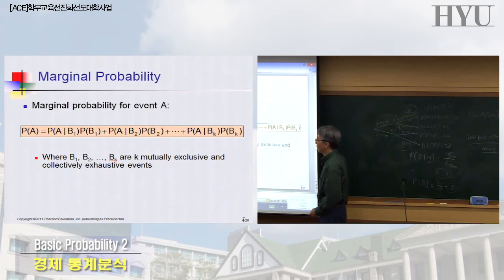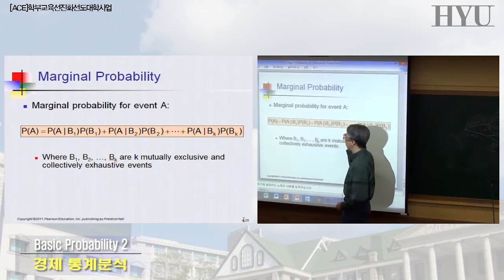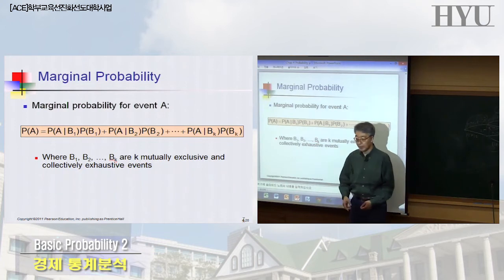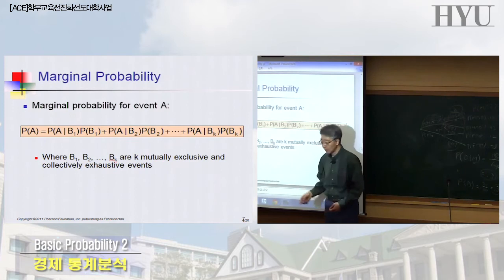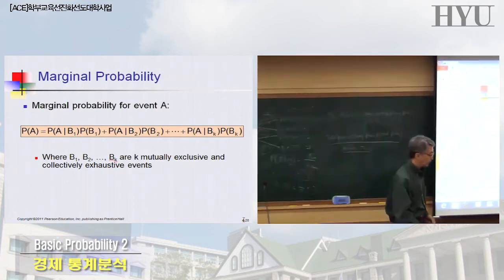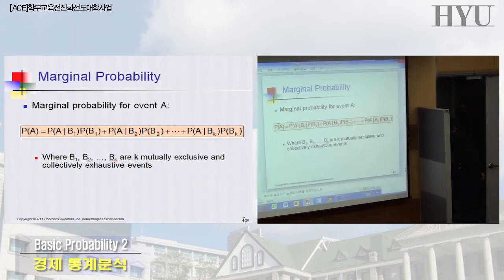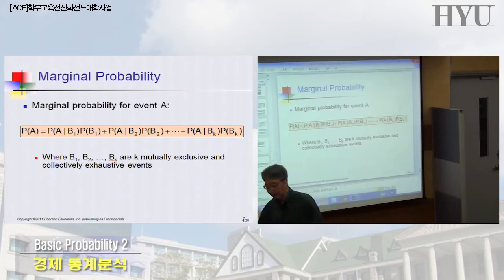The marginal probability for event A, we can rewrite it this way. If we had certain events, B1 through Bk, that are mutually exclusive and collectively exhaustive. You remember those concepts, right? Mutually exclusive and collectively exhaustive.